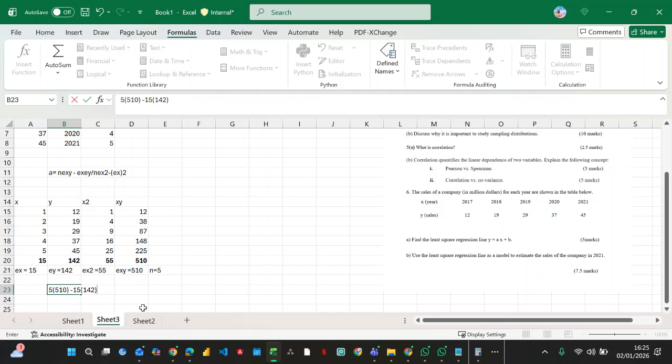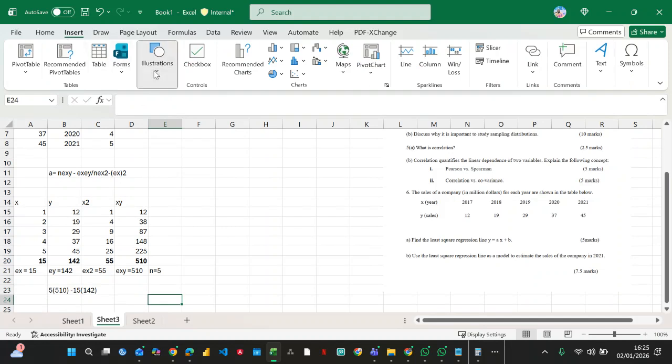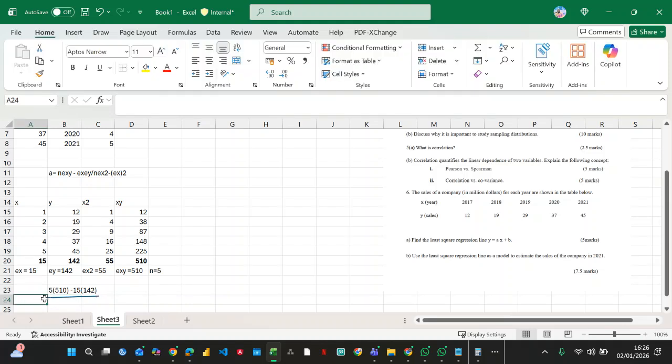That formula is very simple. 15 divided by n, which is 5. So 15 divided by 5 will give us 3. That is our B. So our B is now equal to 3. Simple.